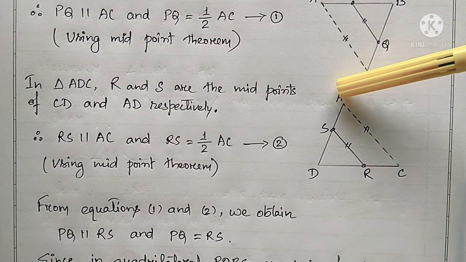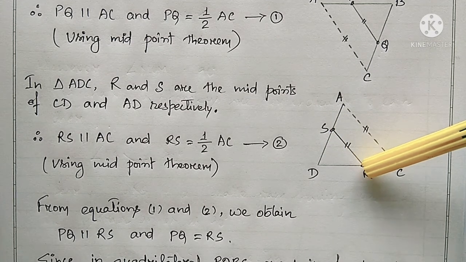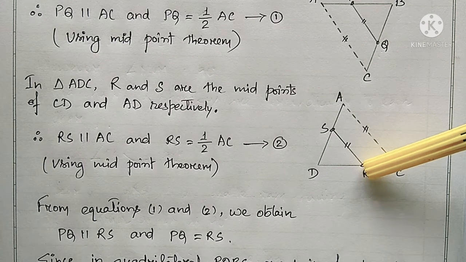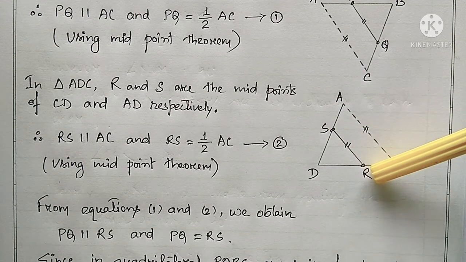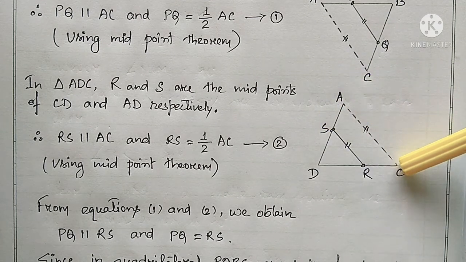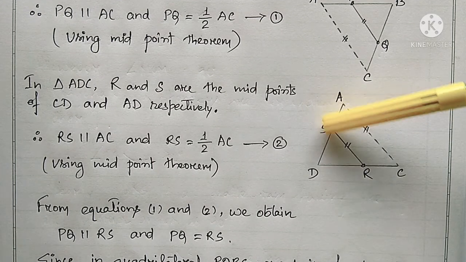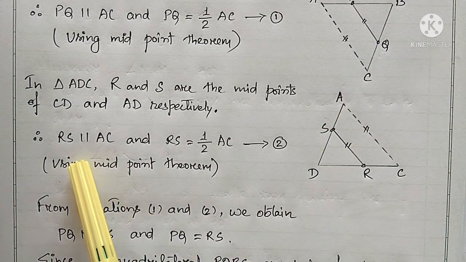And now in this triangle ADC, S and R are the midpoints. If S and R are the midpoints, again we apply the midpoint theorem property. So we can write RS is parallel to AC, as well as the length of RS is equal to half of AC. So this one is written here.